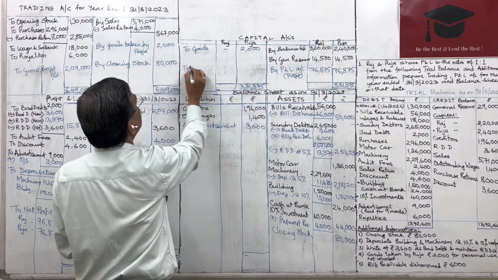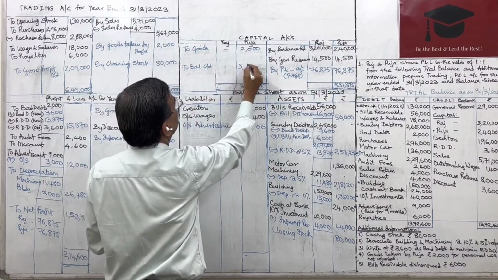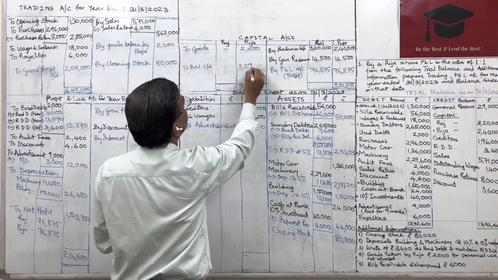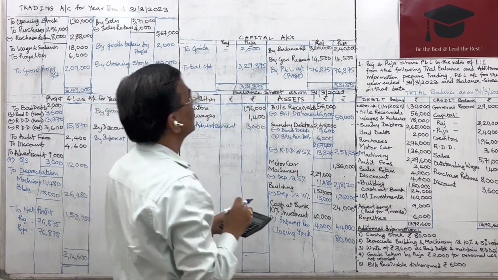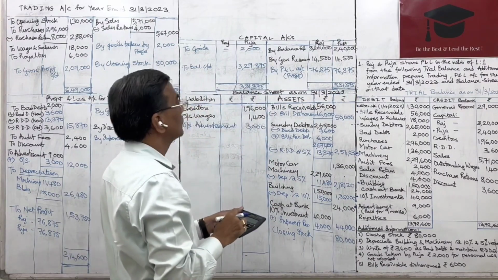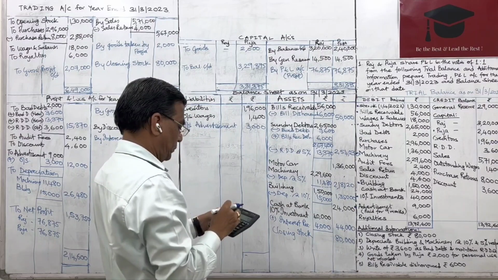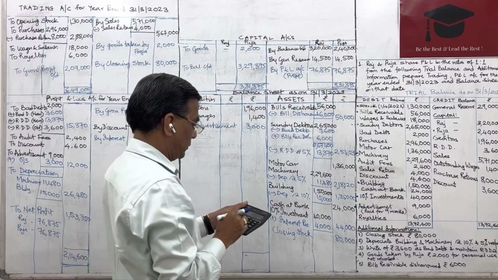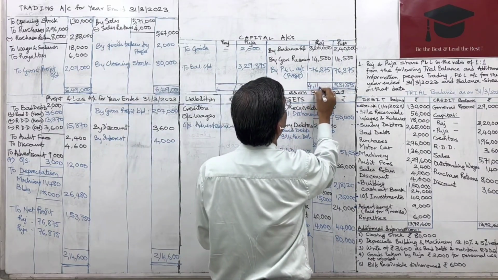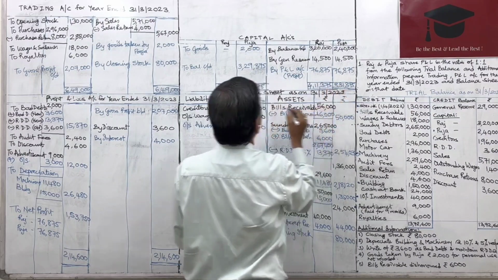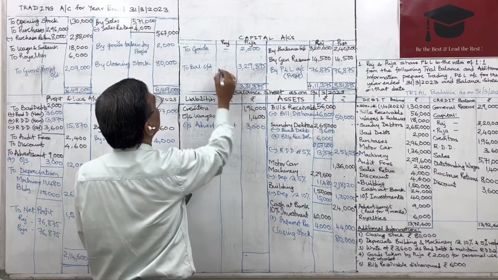So to balance, carry it down, 3,29,375. Same way we do for Raj. 4,11,375. 4,11,375.